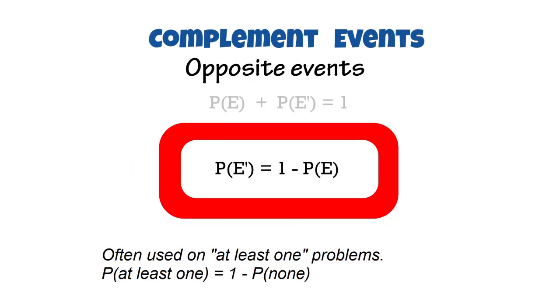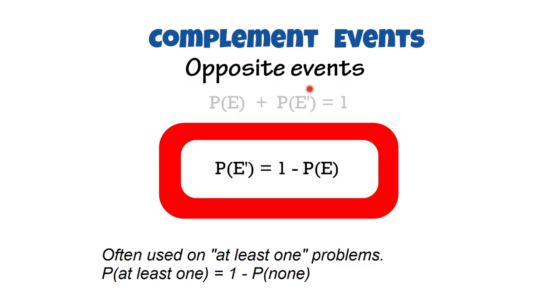The next thing I want to talk about is the complement of an event. Complement events are like opposite events. It's like the probability of something happening versus the probability of something not happening. You can see this seems like it's really grayed out on this screen. I hope it stands out better in your notes. But the probability of some event occurring plus the probability that event does not occur.